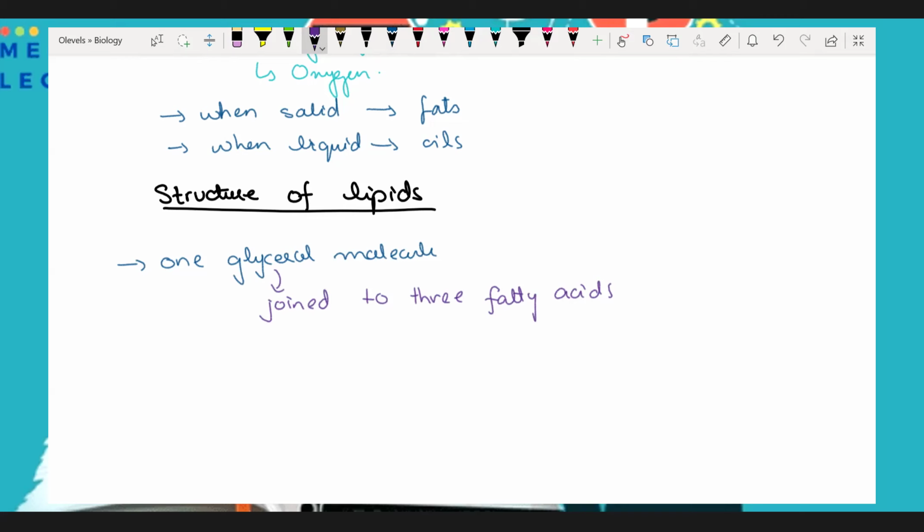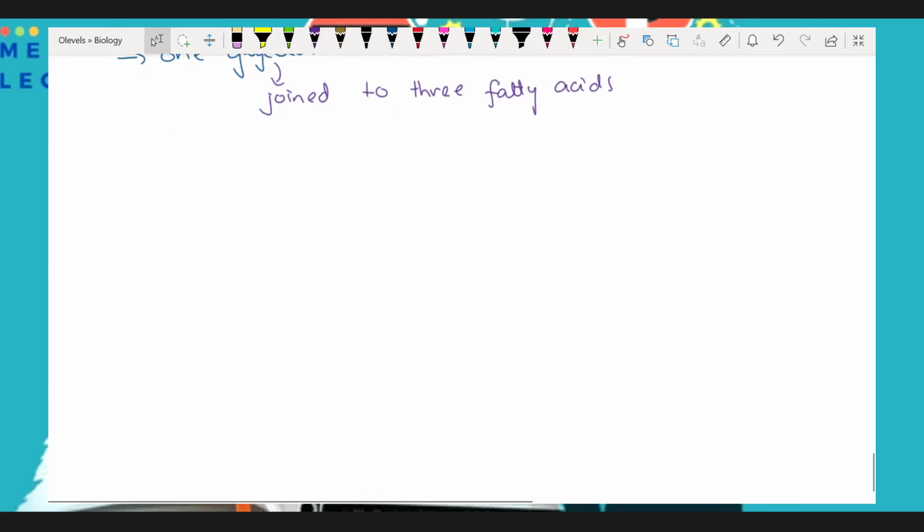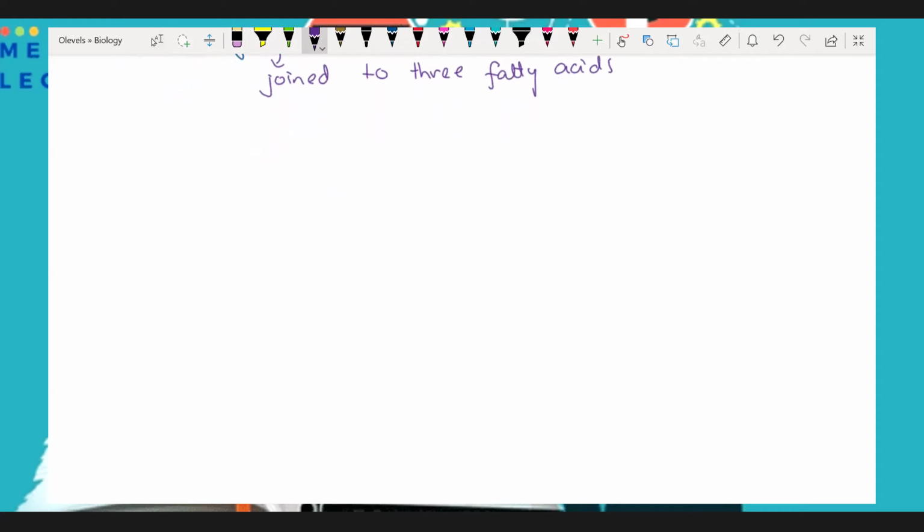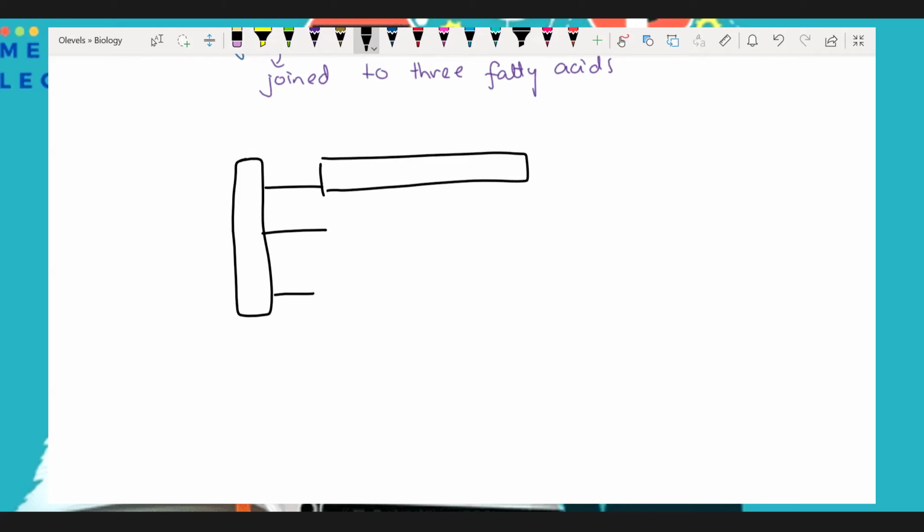So here you can see this is one glycerol molecule, and with that glycerol molecule, you have three fatty acid chains connected, right?